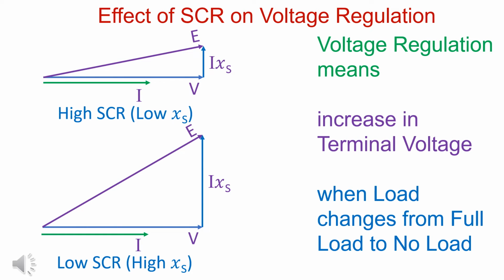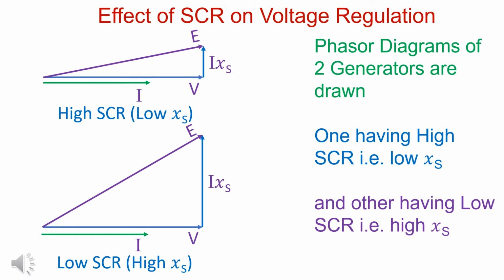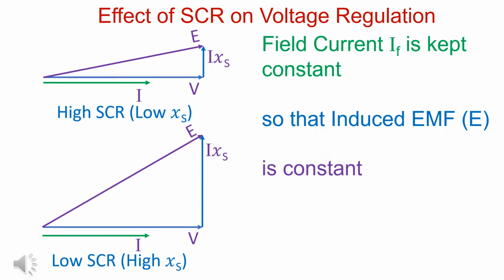Voltage regulation means increase in terminal voltage when a load changes from full load to no load. Phasor diagrams of two generators are drawn, one having high SCR and the other having low SCR. Field current is maintained constant so that induced EMF is constant.